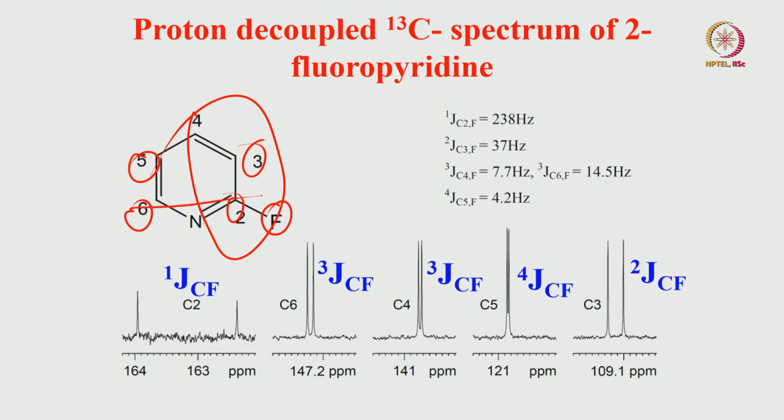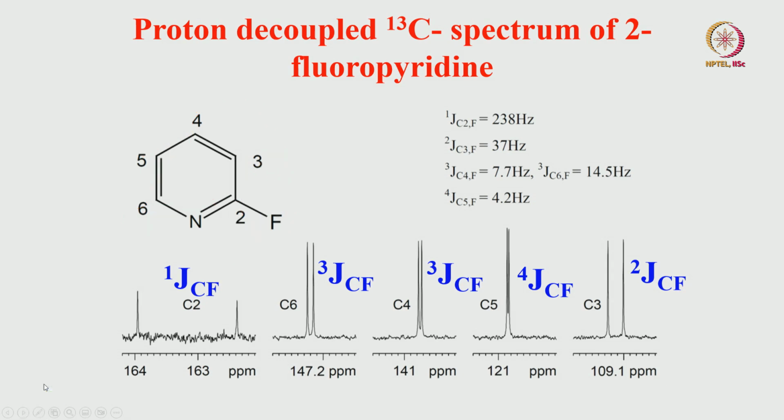All 5 carbons are different. There is no symmetry because this is not a proton, this is a fluorine. So pyridine has symmetry, but 2-fluoropyridine has no symmetry. All 5 carbons are chemically inequivalent. What is the largest coupling we can think of? The largest coupling we can think of is 1 bond, this one. Look at this, it is a doublet.